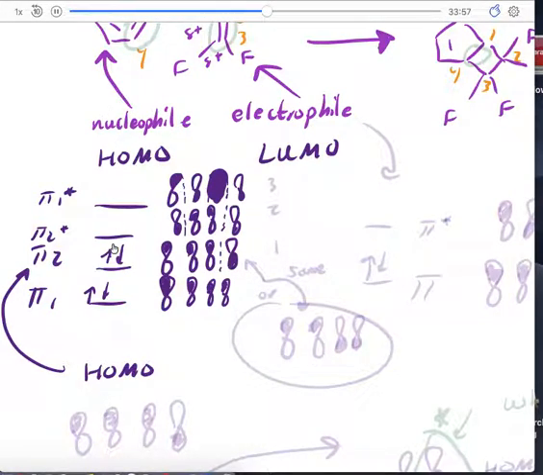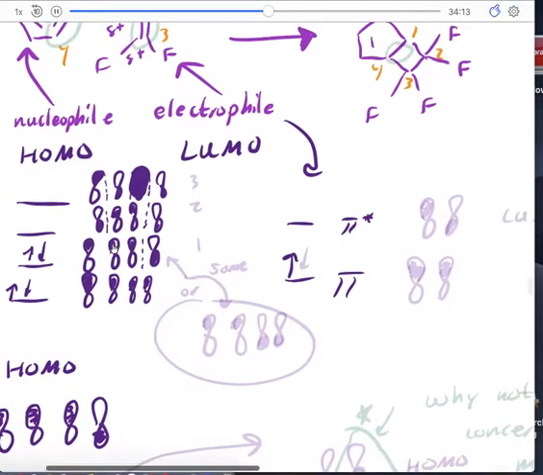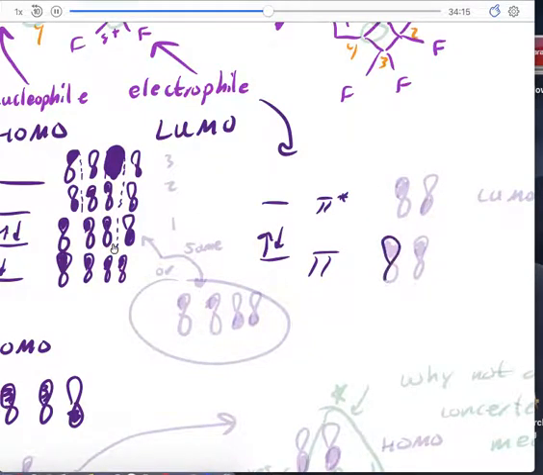So I'll redraw that down here. And then we'll look at our electrophile, which will just be right here, and it will just have a pi and a pi star. That one's pretty easy because we only have 2 configurations, one where they're both in phase and one where they're both out of phase.